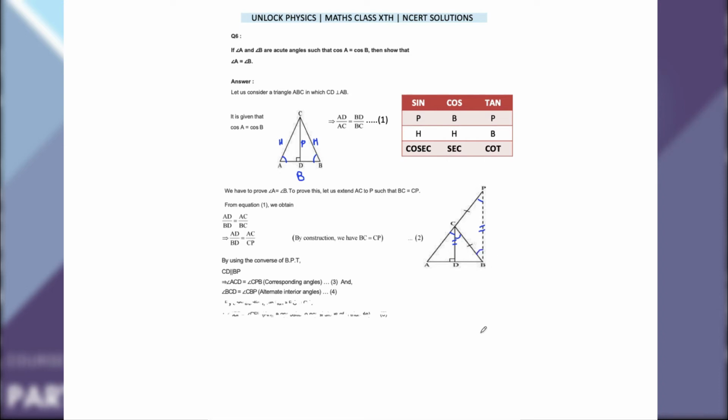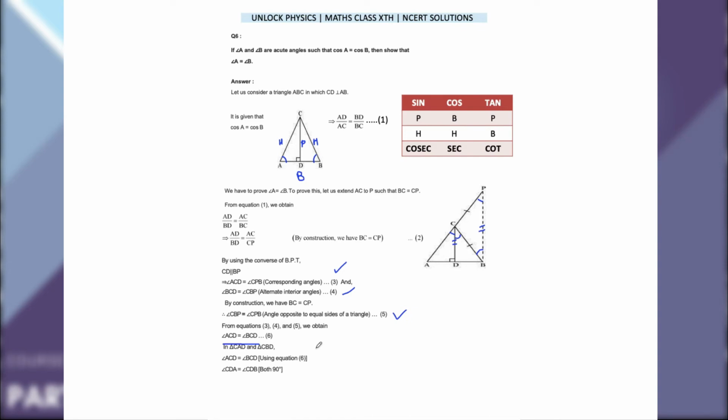Okay. So now by construction we have BC equal to CP, angle CBP is equal to angle CPB, angles opposite to equal sides of the triangle. This gives us equation 5. So from equations 3, 4 and 5 we have angle ACD is equal to angle BCD as equation 6.